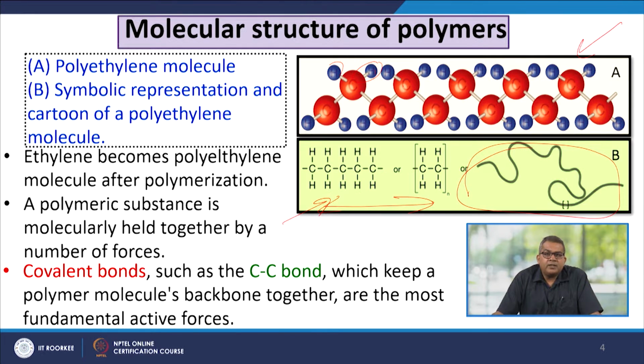So a polymeric substance is molecularly held together by a number of forces. One force is called the covalent bond, such as the C-C bond, which keeps the polymer molecule's backbone together like this. This is the backbone.